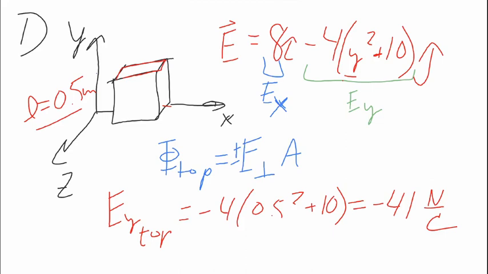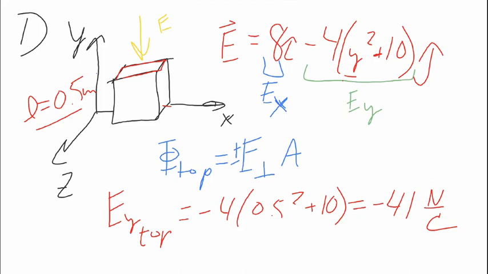What does our negative sign on the electric field mean? That, of course, indicates direction. That tells us that the electric field is going down at the location of the top face. That's my electric field, at least the component that we're concerned with, the perpendicular component. And we take note of the fact that that indicates that the electric field is entering the surface, the cube here, through the top face.